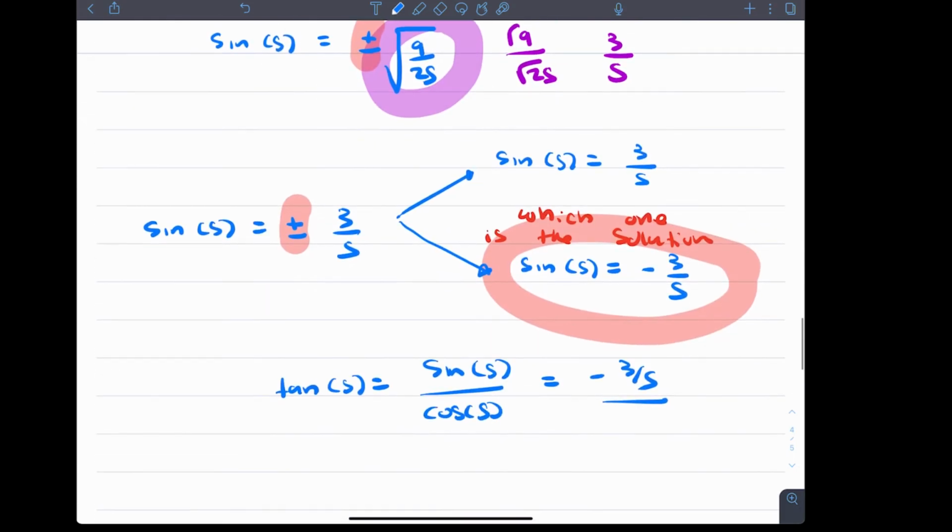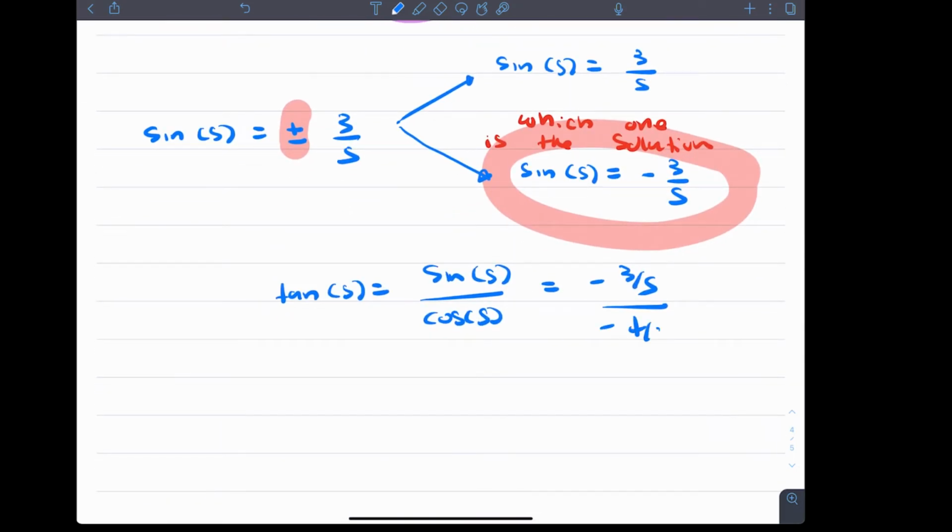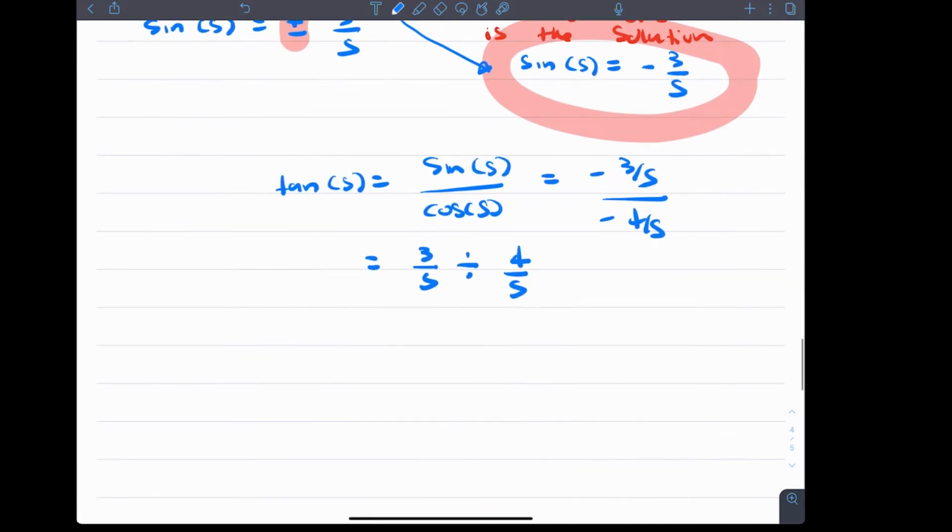Negative 4/5. So we got a negative over a negative, which does give you a positive. So it's 3/5 divided by 4/5. I can just change the sign now, or 3/5 times 5/4. 5 goes away, and ladies and gentlemen, tangent is really 3/4.